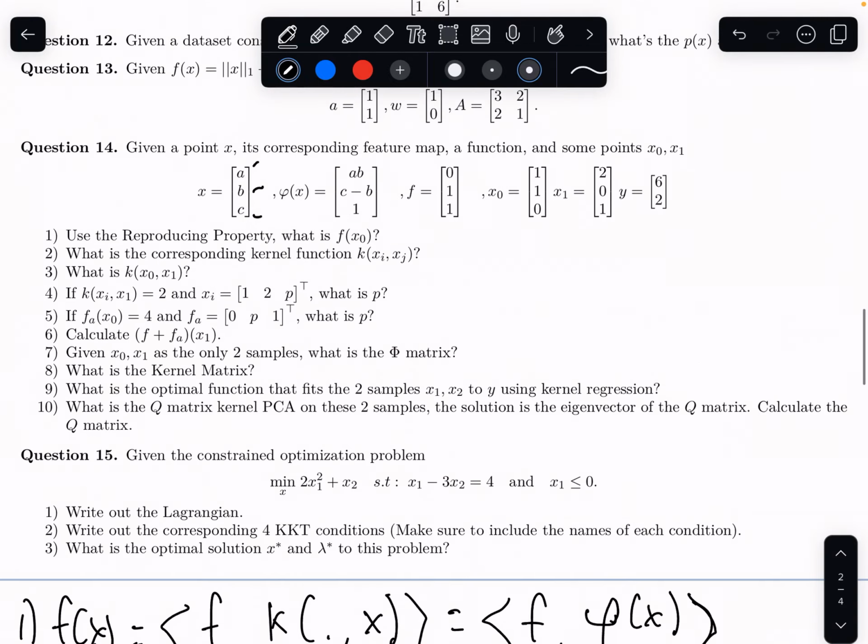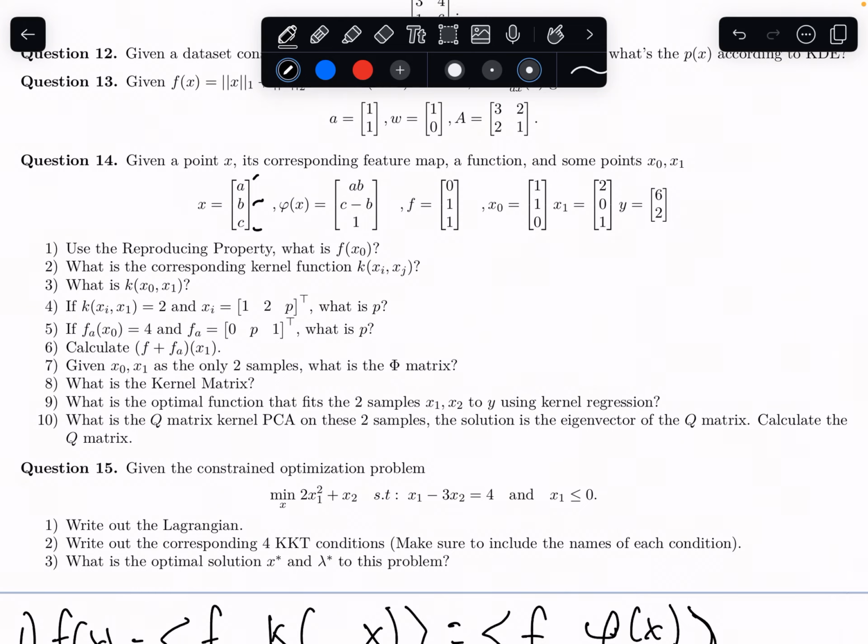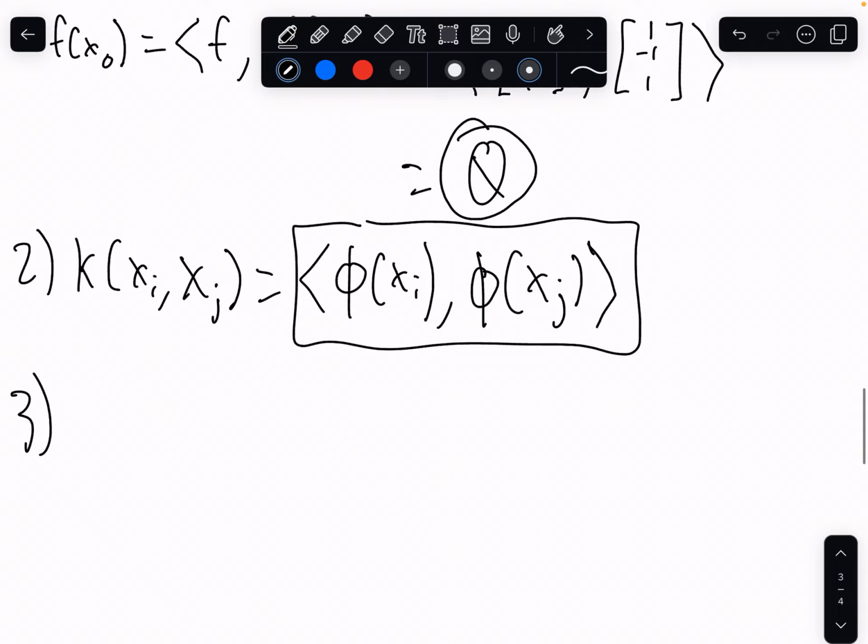For part 3, we are asked, what is k of x0, x1? Well, this we can calculate.